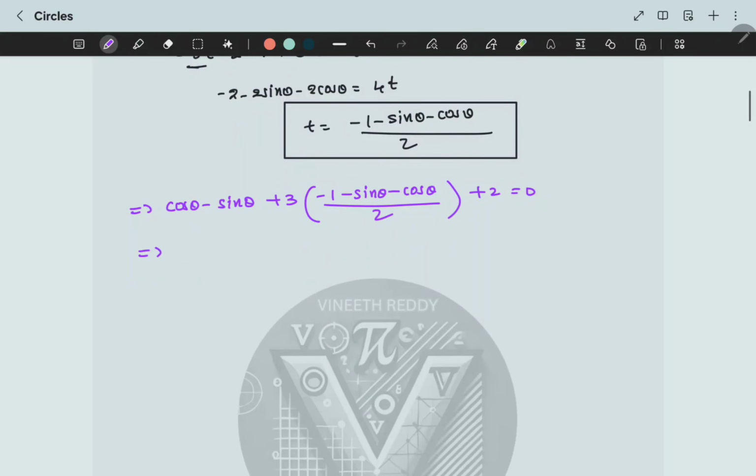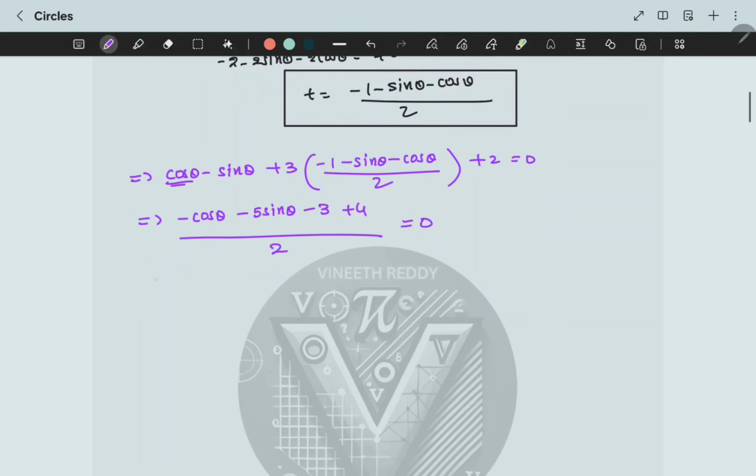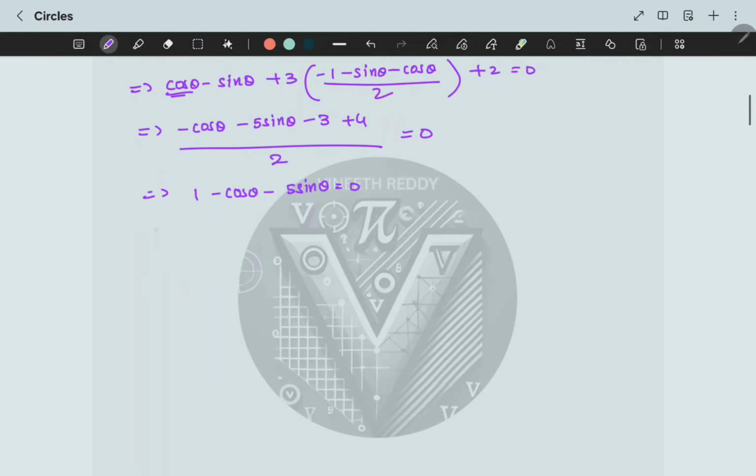So what do we get if I take LCM? 2 cos theta minus 3 cos theta is minus cos theta, minus 2 sin theta minus 3 sin theta is minus 5 sin theta, and we have minus 3, and if I take LCM I get plus 4 here, divided by 2 should be equal to 0. So ultimately I get 1 minus cos theta minus 5 sin theta is equal to 0, right?